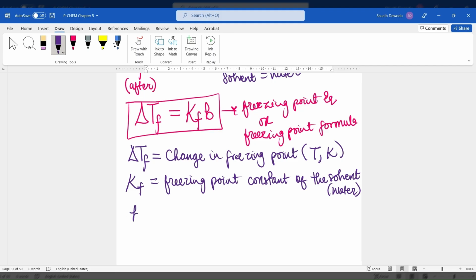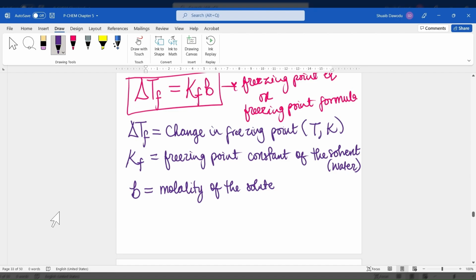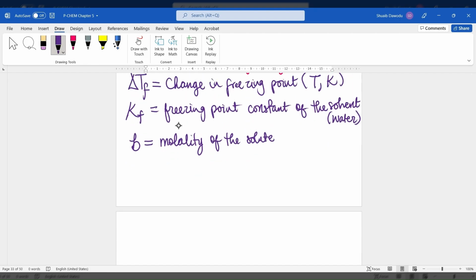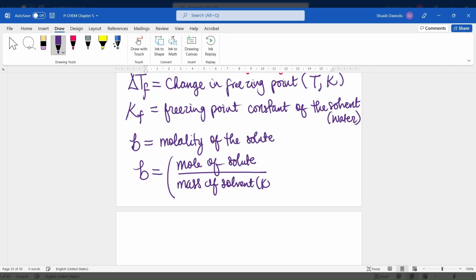Next we have b, which is what we know to be molality. If you remember from your Gen Chem, what is molality? You're dealing here with the molality of the solute. Let me write that down first before I go into detail. Molality, if you remember from Gen Chem, and if you don't, this is a great refresher, is simply the number of moles of solute divided by the mass of solvent in kilograms.